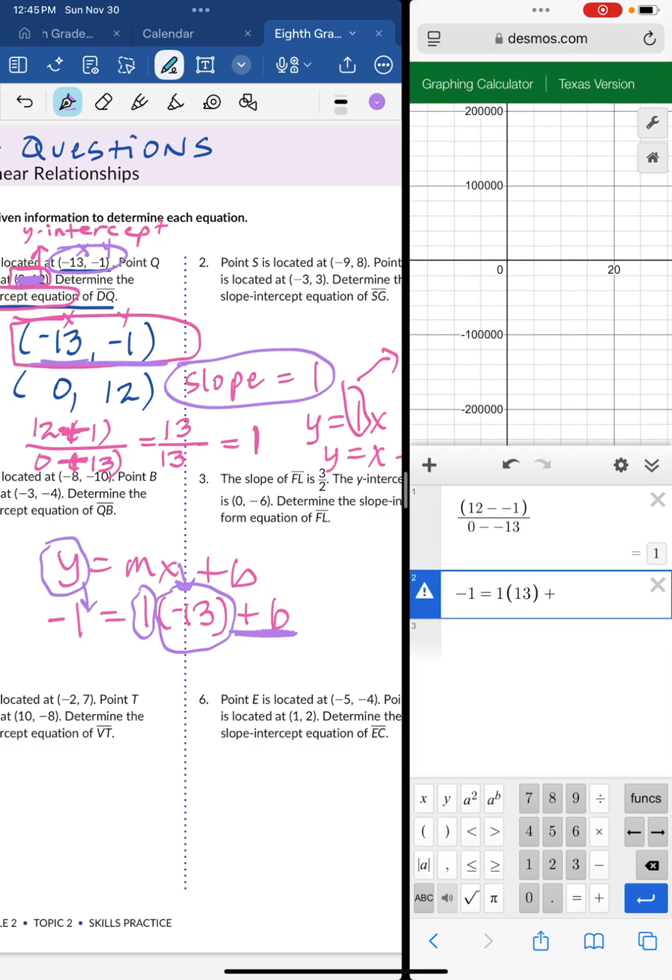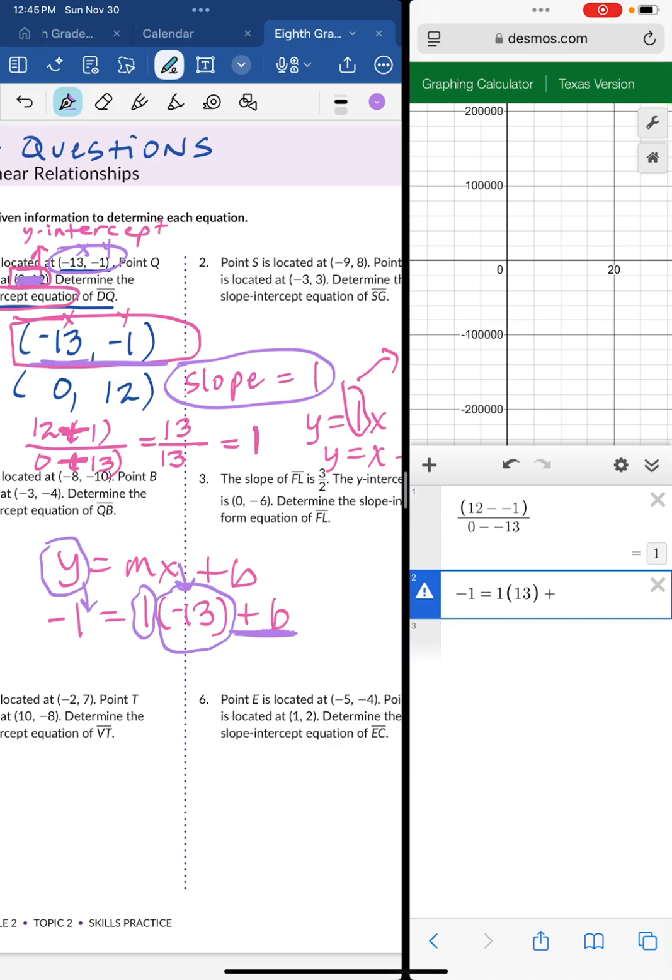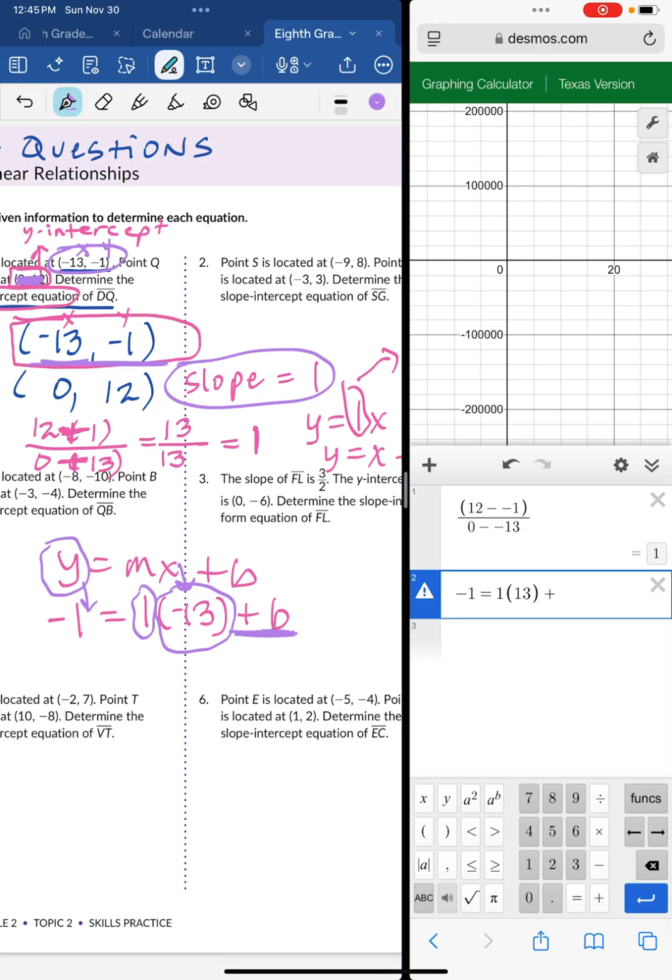And I don't have a b. I'm just going to put y and see what happens. Oops. Let me go backwards. Okay, that didn't work.